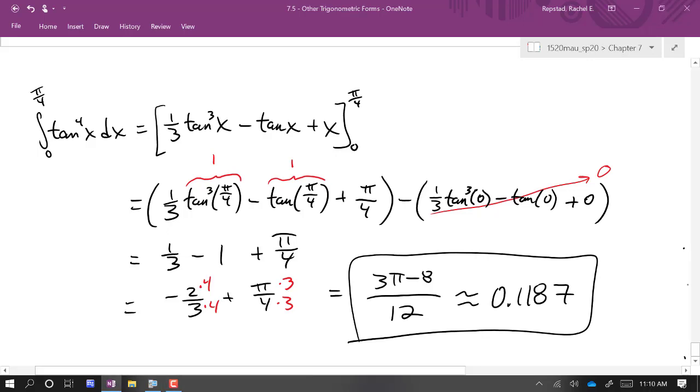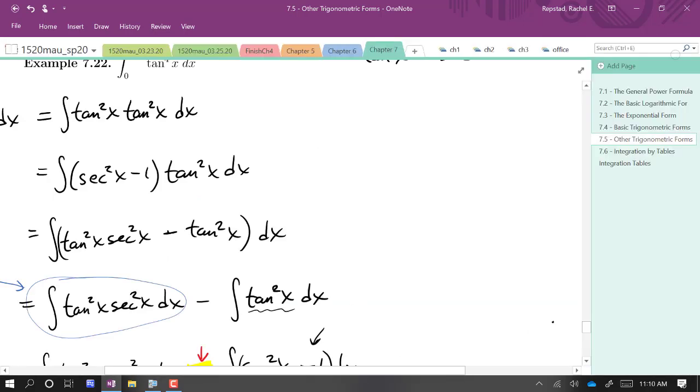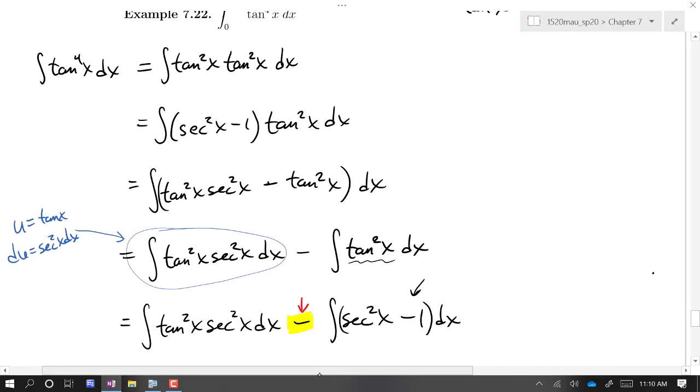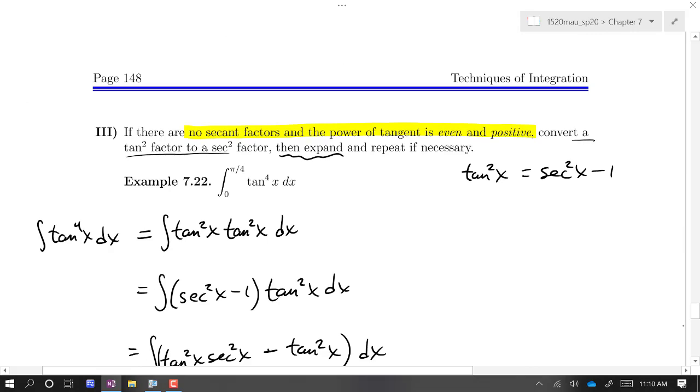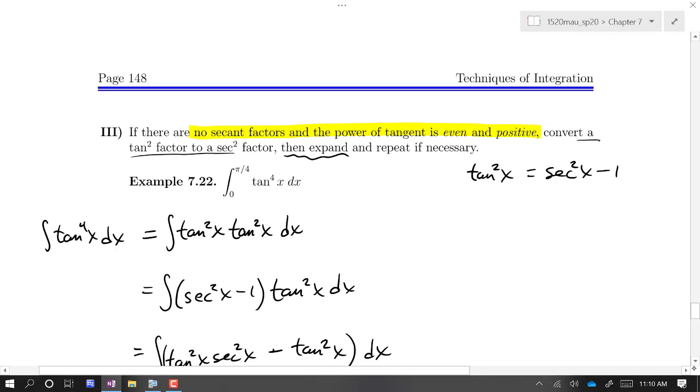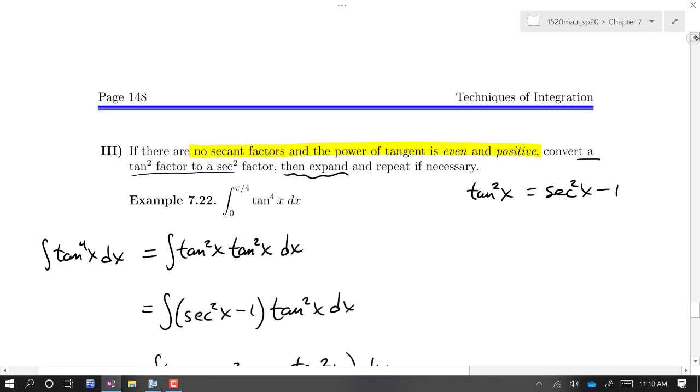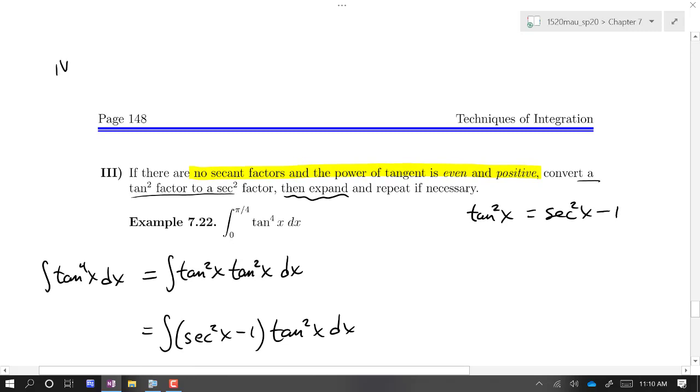So we have all these different techniques, right? Strategies that will apply in different cases, depending on what the integral looks like. And I should add another case here.